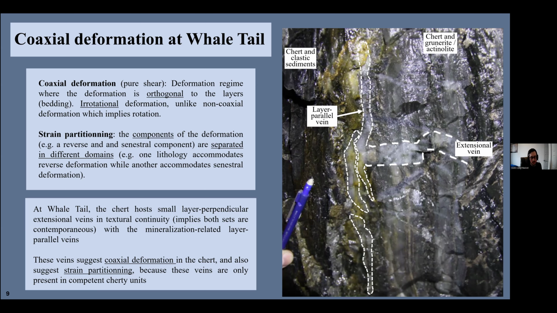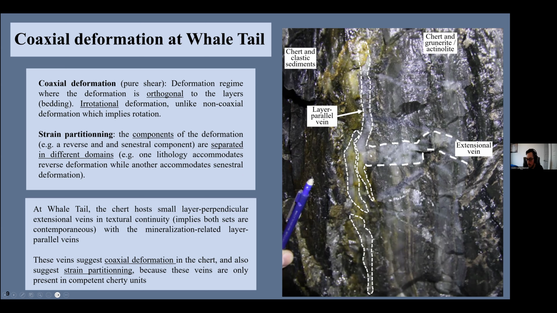At Welltail, the chert hosts small layer-perpendicular extensional veins. We can see here in the picture the one that is horizontal. These veins are in textural continuity with the mineralization-related layer-parallel veins.